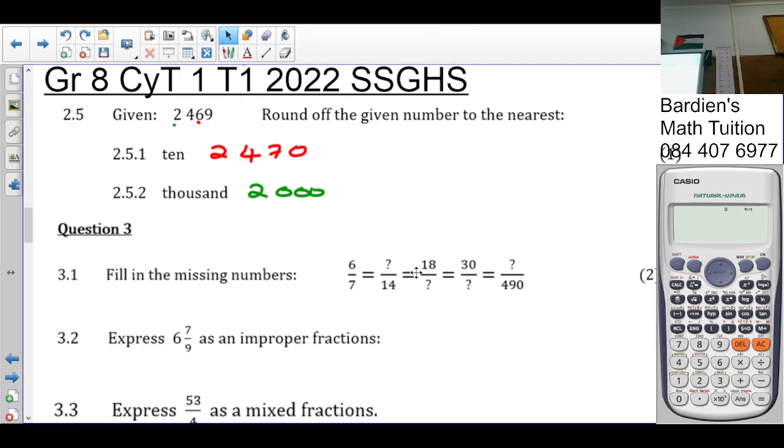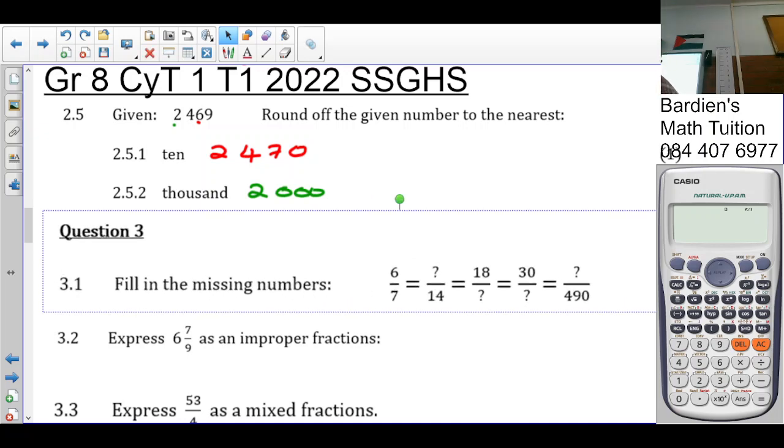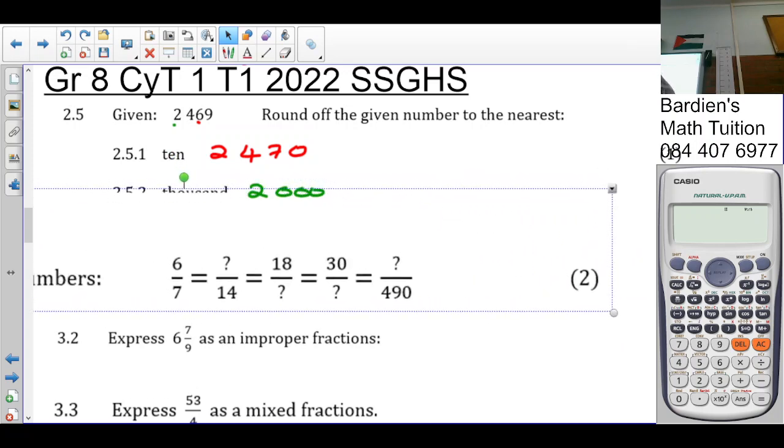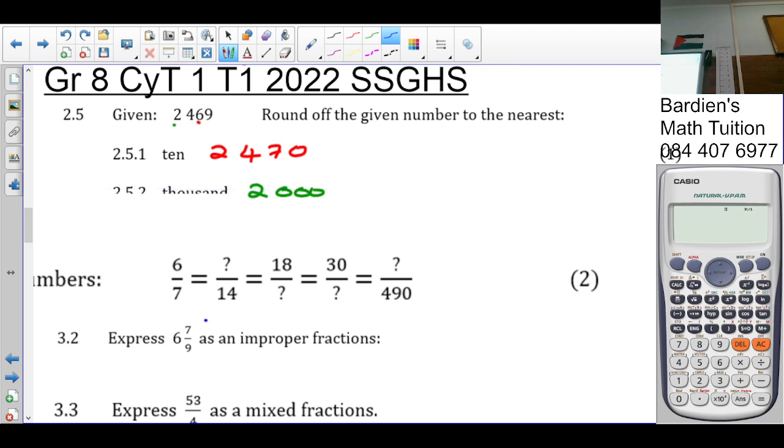In question 3, the question says fill in the missing numbers. So how do I get from 7? Let's make this a bit bigger. How do we get from 7 to 14? Times it by 2. So I will multiply that also by 2. Give me 12. So 6 times what is 18? Times 3.